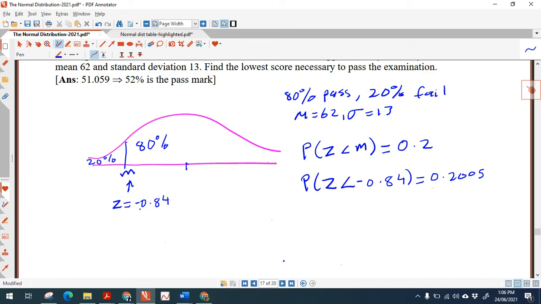Okay, now we want to find the actual mark in the exam, which corresponds to this Z score. So we're just going to use our Z score formula. This will be negative 0.84, which equals, now the X score, we don't know, we're trying to find it out. The average is 62 and the standard deviation is 13.